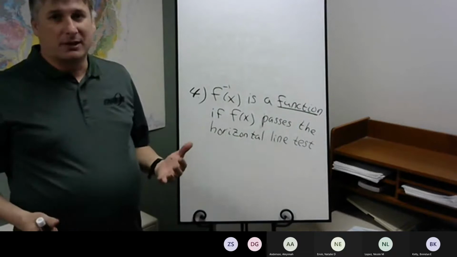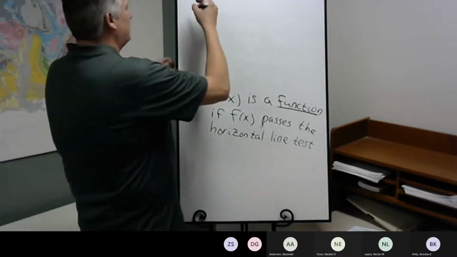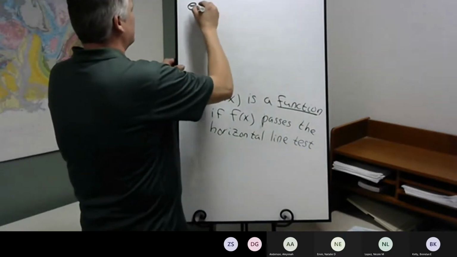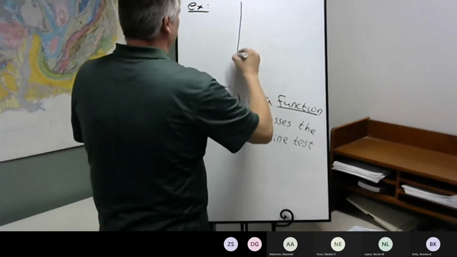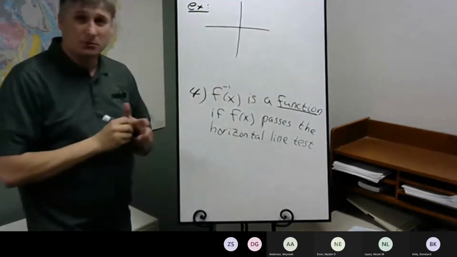So how does this horizontal line test work? Well, let's go back to x cubed.